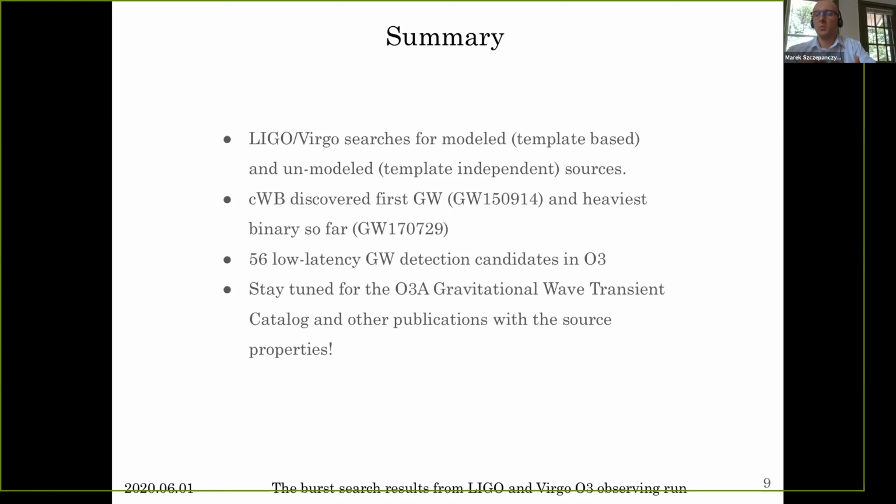We have several experts, from pipeline experts to detector characterization experts, and they check if there is nothing strange in the data. For example, if there is excess noise before the event, it might be some correlation.